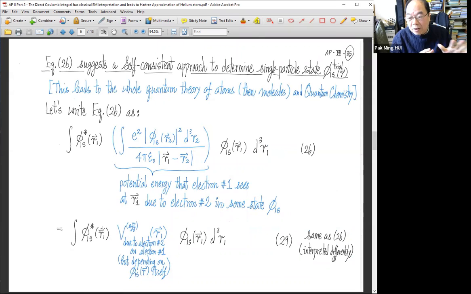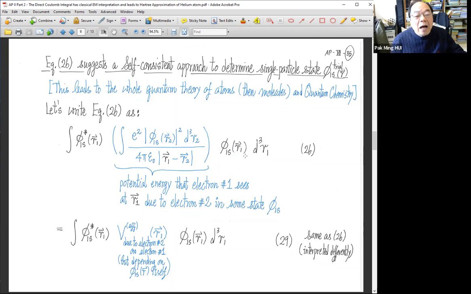We stopped on the previous page last time, so let's start from this particular page. Equation 26 here is exactly the Coulomb integral that we discussed. And that can be calculated exactly if this is taken to be a hydrogen-like wave function.